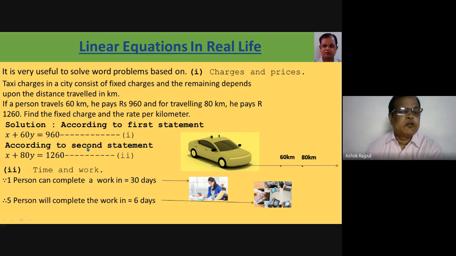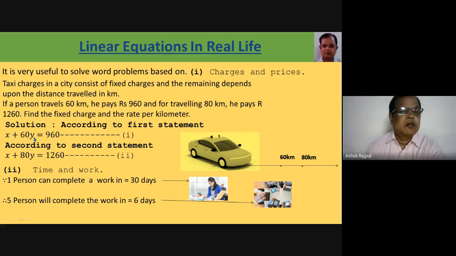Okay. So first we have the solution according to the first statement. x is the fixed charge and y is the rate per kilometer.